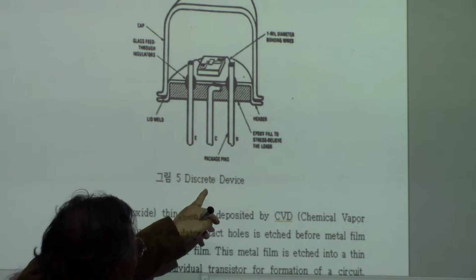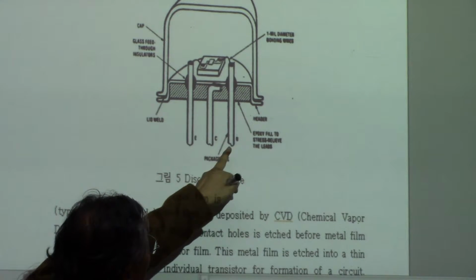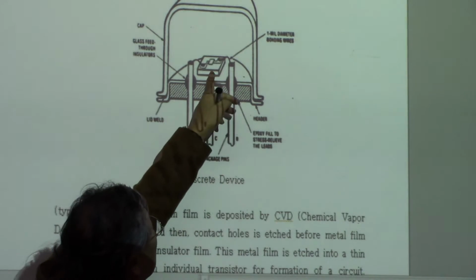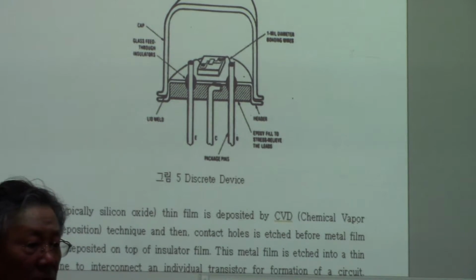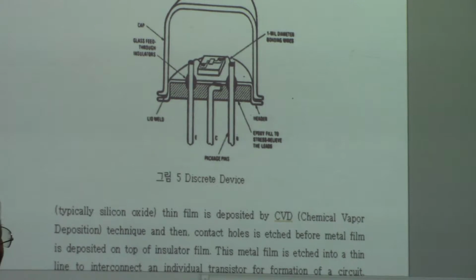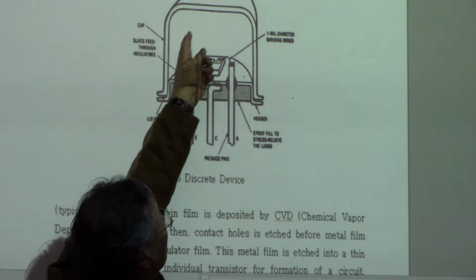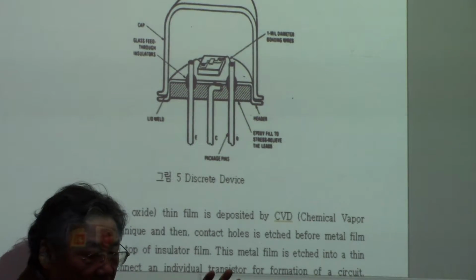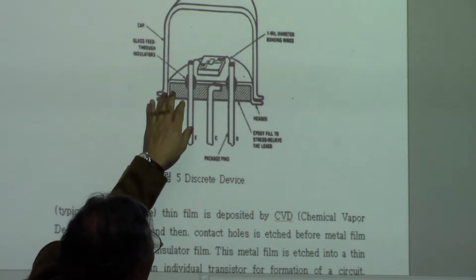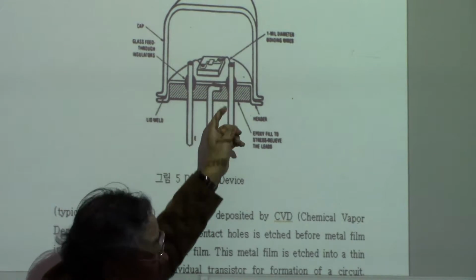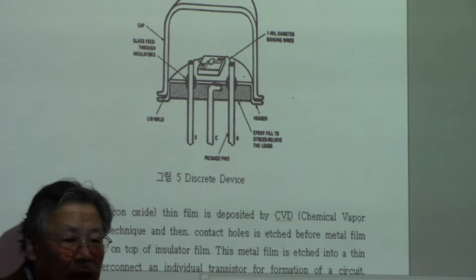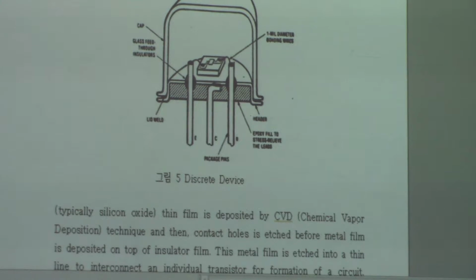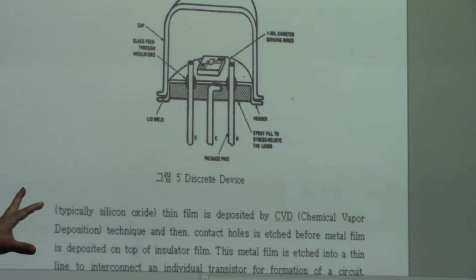Here is a bipolar transistor, by the way, emitter-base-collector, and this is one piece of silicon, encapsulated in some epoxy, and it has connections like this. So one transistor in one capsule, even though everything is solid state.